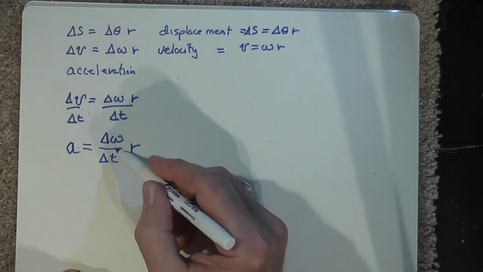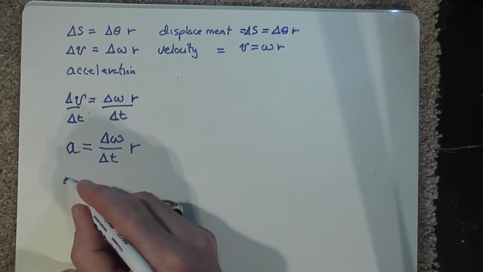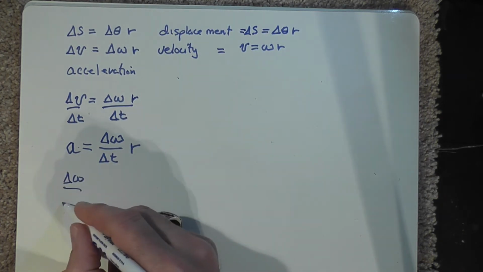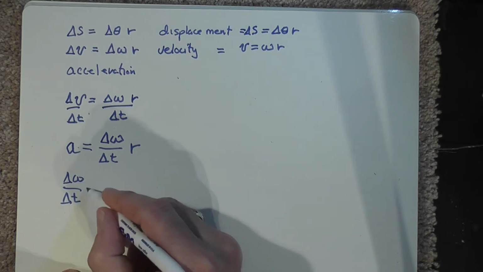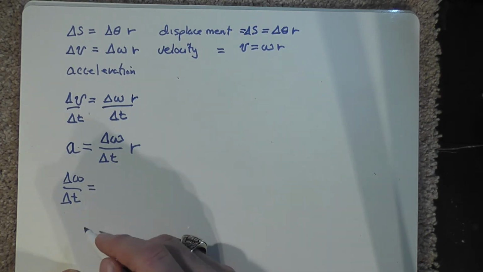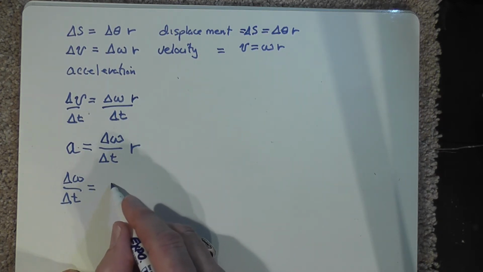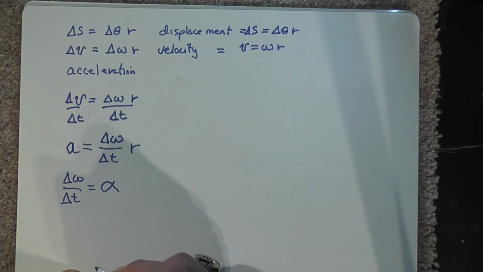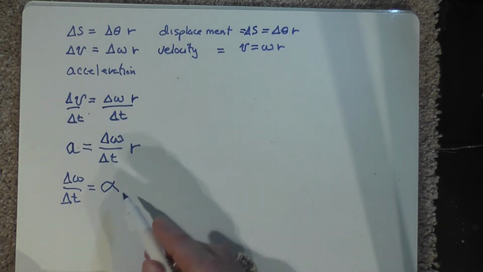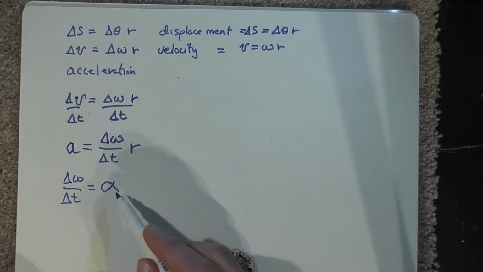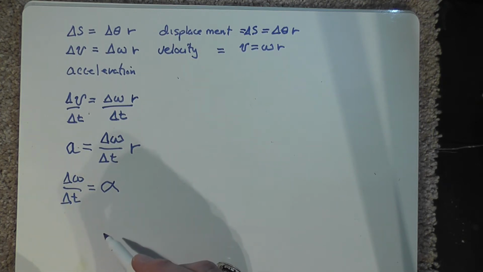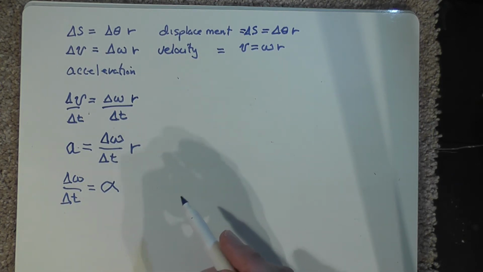Now this delta omega over delta T is angular acceleration. And we identify it with the Greek letter alpha, which looks something like that. So that is our angular acceleration.